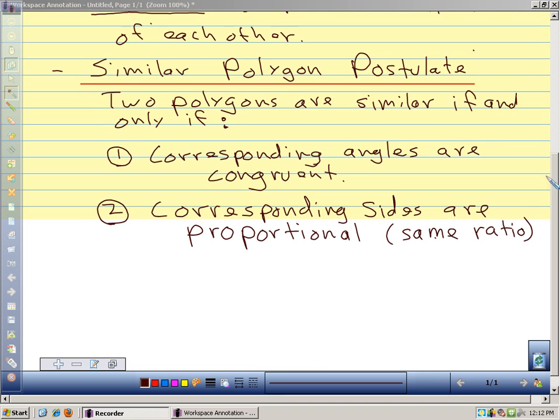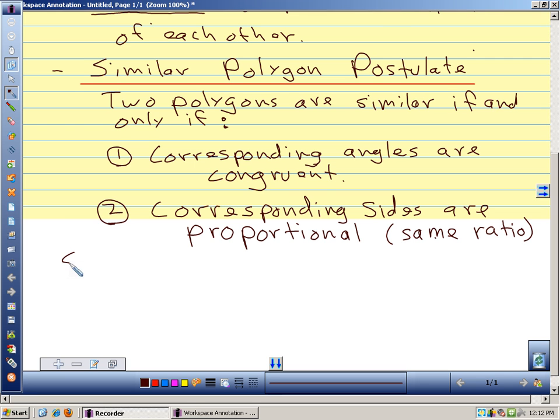And let's remember that corresponding just means that they match up. When we talked about polygons before, we talked about how we figure out corresponding angles and corresponding sides. That just tells us that the angles match up and the sides match up. That's what corresponding means. Our symbol for similar is a little squiggle.